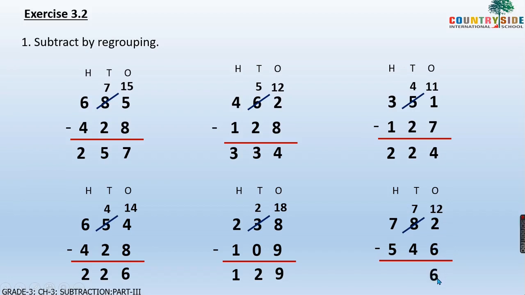So 12 minus 6 is 6. Then 7 minus 4 is 3, and 7 minus 5 is 2. Like this you have to do the subtraction by regrouping.